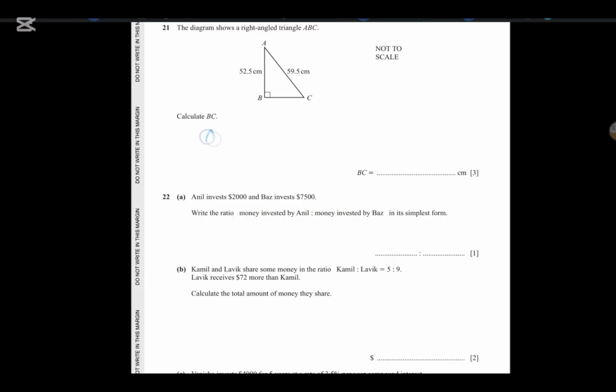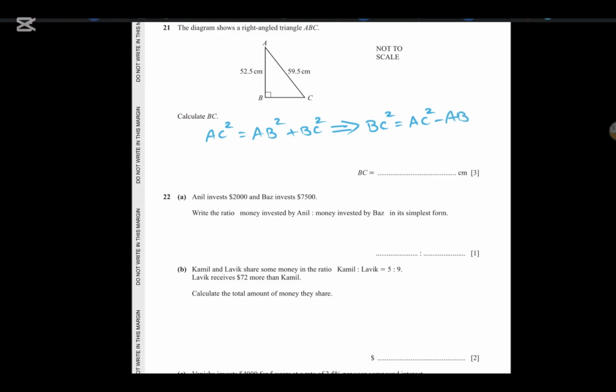AC square, hypotenuse square, is equal to AB square plus BC square. Now we don't know BC, so BC square will be AC square minus AB square. So BC will be square root of this.